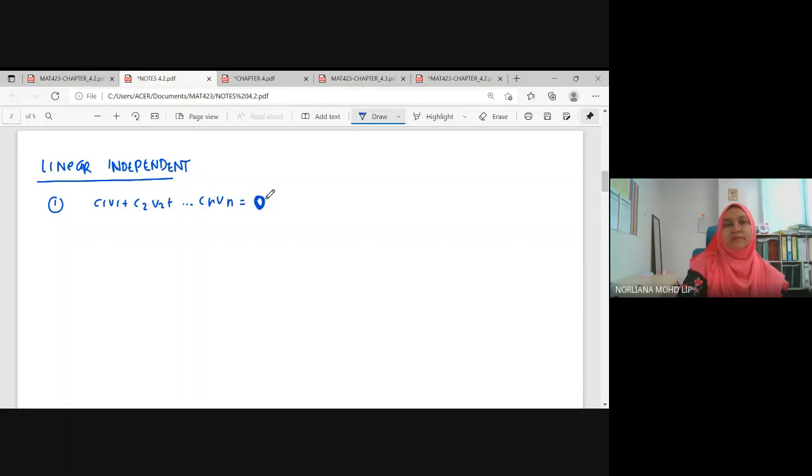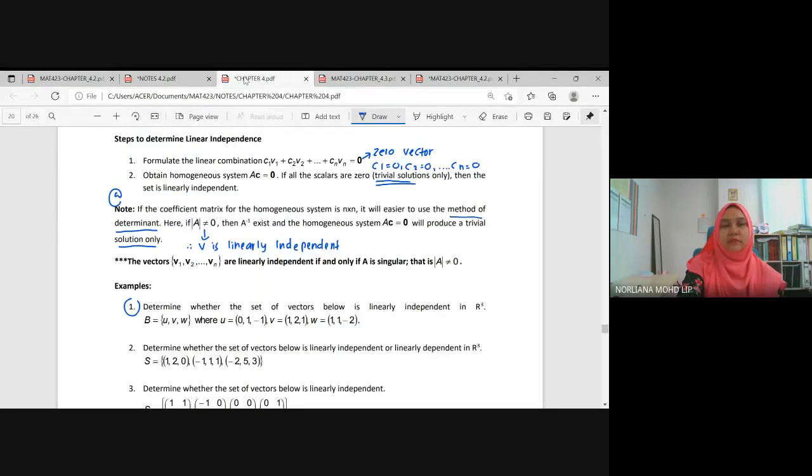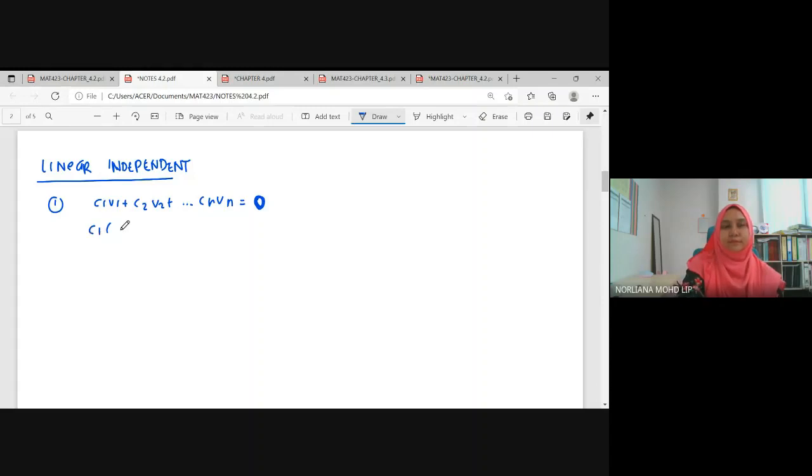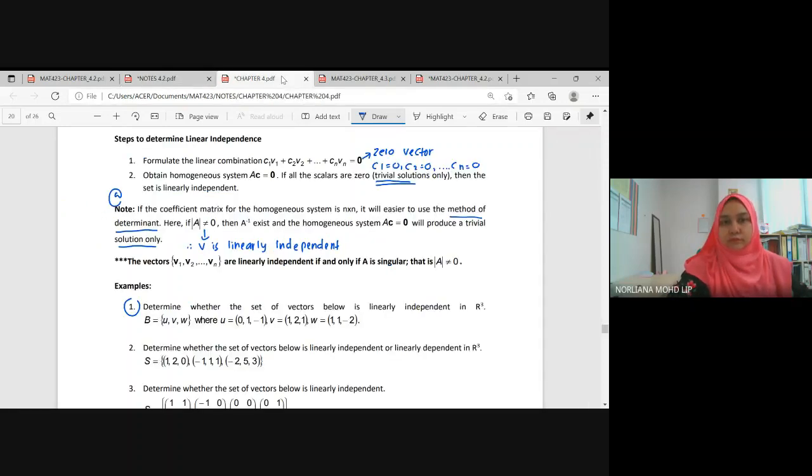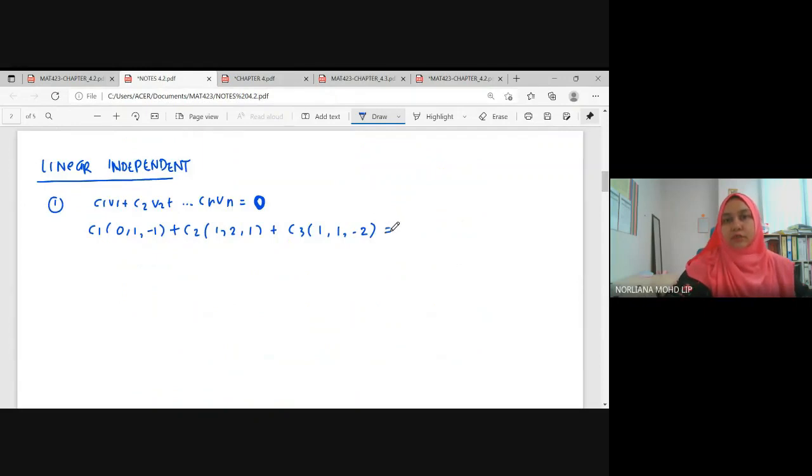So we can put in C1 V1, where V1 is U: C1 times 0, 1, negative 1, plus C2 times 1, 2, 1, plus C3 times 1, 1, negative 2, equal to the 0 vector, 0 0 0. The 0 vector depends on the type of vectors given. Since these are vectors in R3, it is 0 0 0.